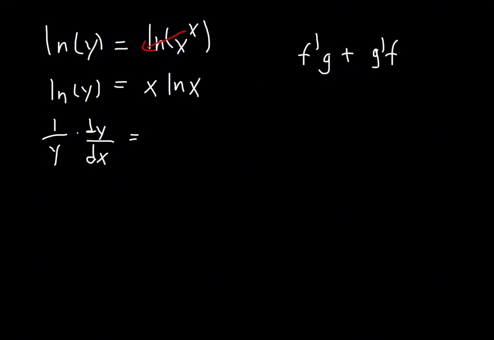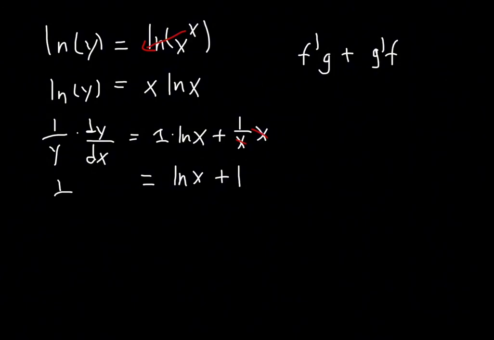The derivative of x is just 1, so 1 times ln x, plus the derivative of ln x, which is 1 over x, and then we put x here. So these cancel out, and we simply have ln x plus 1.